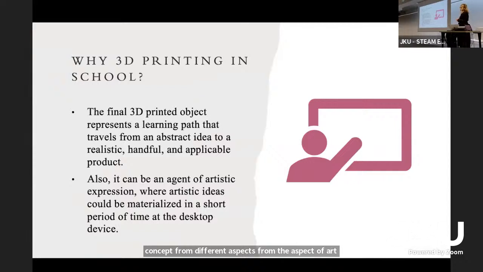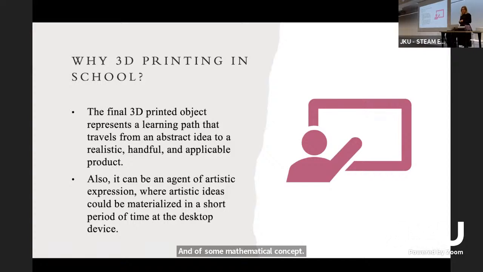Why should we use 3D printing, and why is 3D printing a very good activity for students? Because the final 3D object basically represents a learning path that travels from an abstract idea to a realistic, handheld, and applicable product. Students have an opportunity to see a physical representation of their ideas and of some mathematical concept.